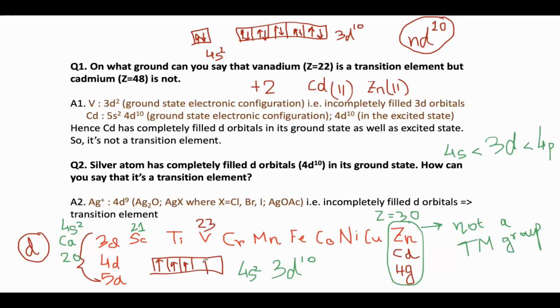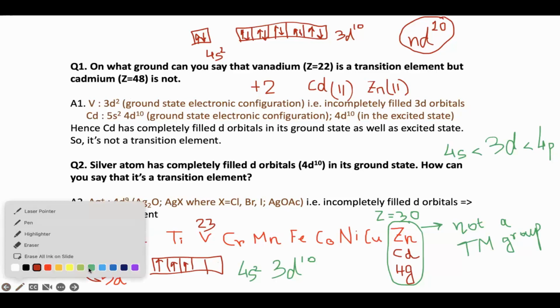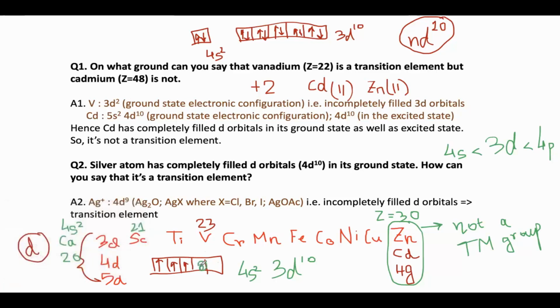Now you can see we have vacant orbitals here in vanadium. This one is vacant and this one is vacant. So 2 orbitals are vacant for vanadium in the ground state, and in the excited state also vanadium will have some vacant orbitals. So vanadium has vacant or incompletely filled 3d orbitals in its ground state.